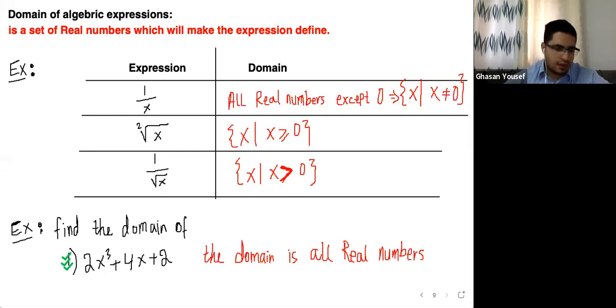So now let's go to simplifying rational expressions. How can we simplify any rational expression? After we know the domain, if you need to know more about the domain, just solve the open sign questions.